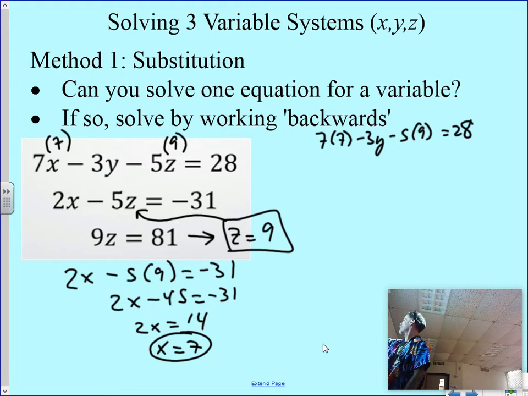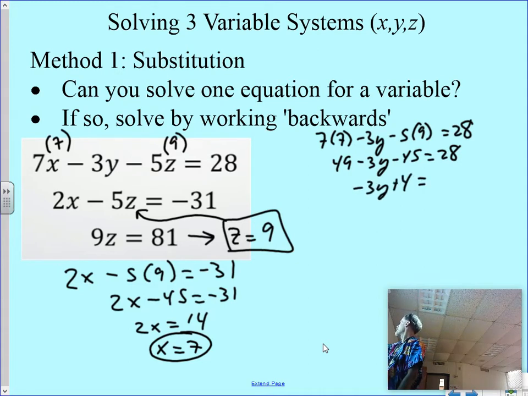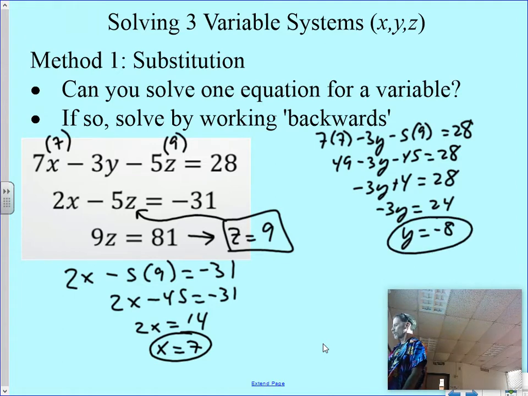That's 49 and that's 45. We can combine them. 49 minus 45 is 4. So we got negative 3y plus 4 equals 28. Subtract 4 from both sides, and then y equals negative 8. And that is your solution.